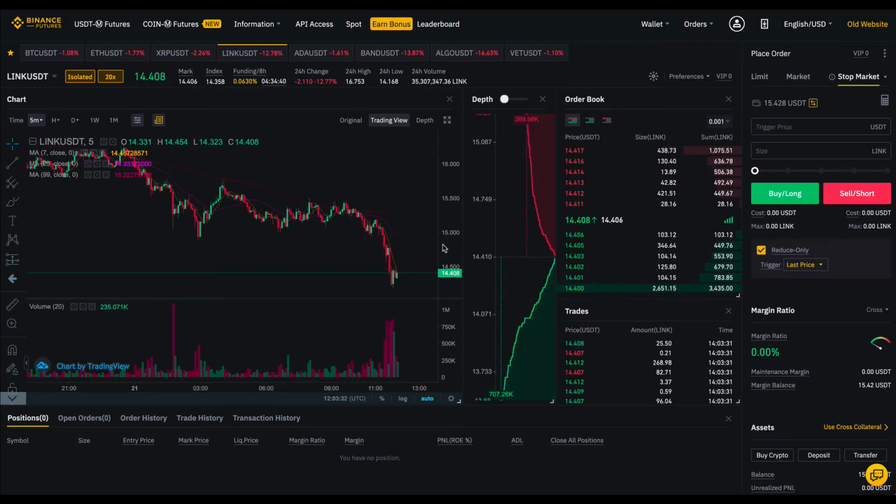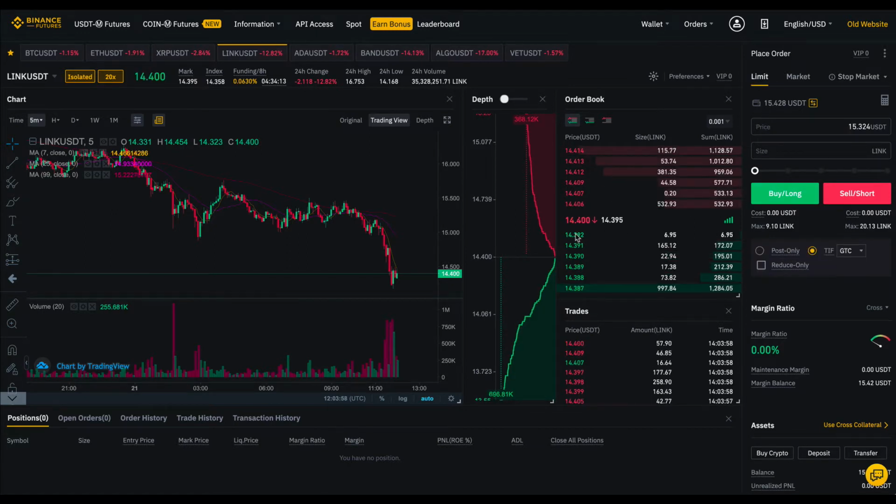So we're looking at Link against Tether, and I'm seeing a bit of a volume spike there, so to me that's a nice support area. I see there's more buying orders than selling orders, and let's say at 14.30 we click that price.